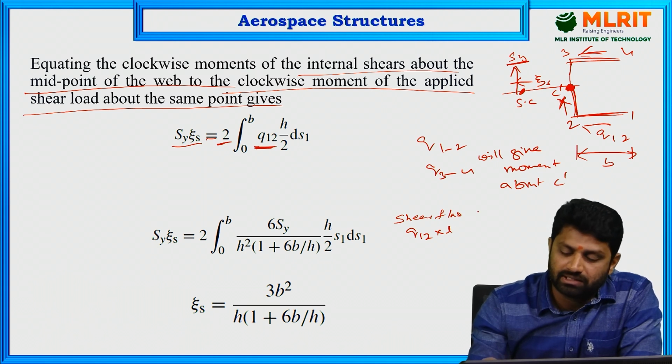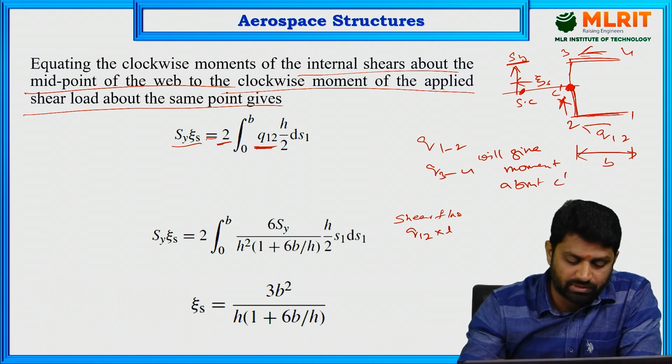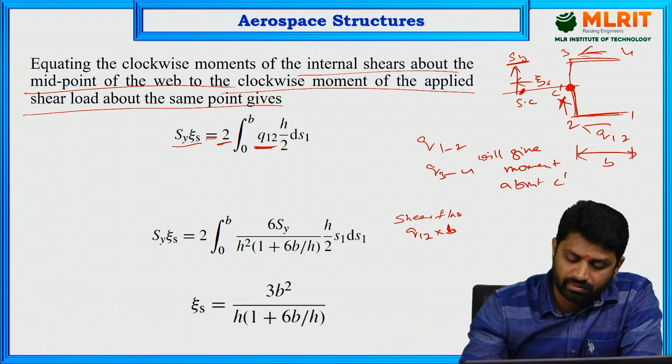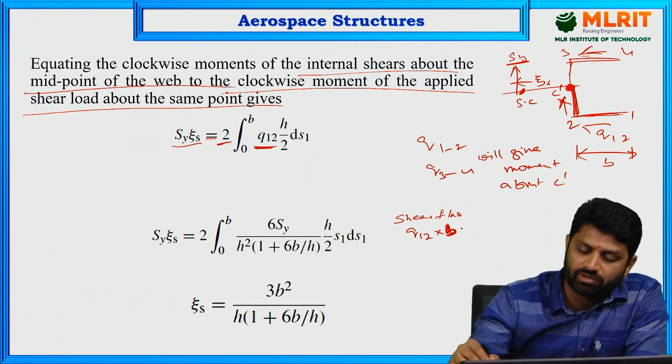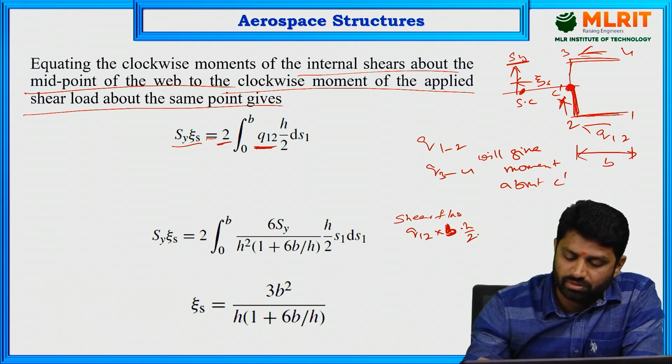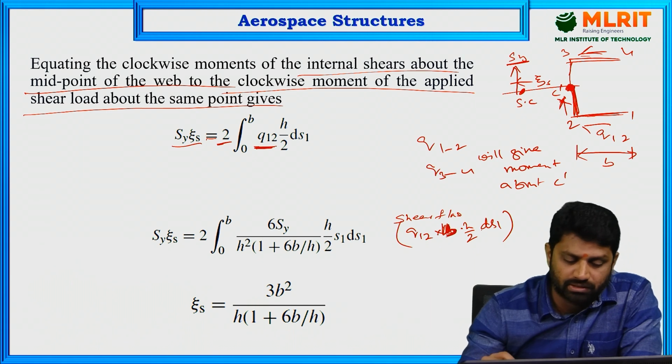So what is the length? That is nothing but B, into the perpendicular distance from here to here, which is H by 2, into ds1. Okay, so this is how we have to write it.